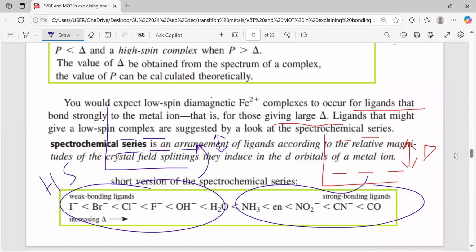On this side, you get low spin complexes, and on this side, you get high spin complexes. On the strong side, more pairing; on the weak side, less pairing. And of course, we have the middle ones, which are just moderate.